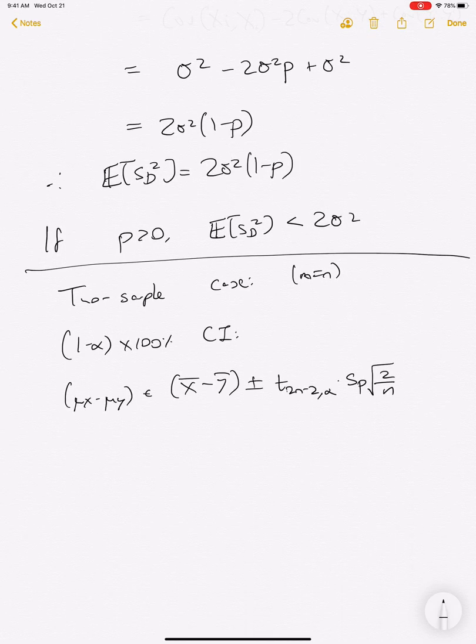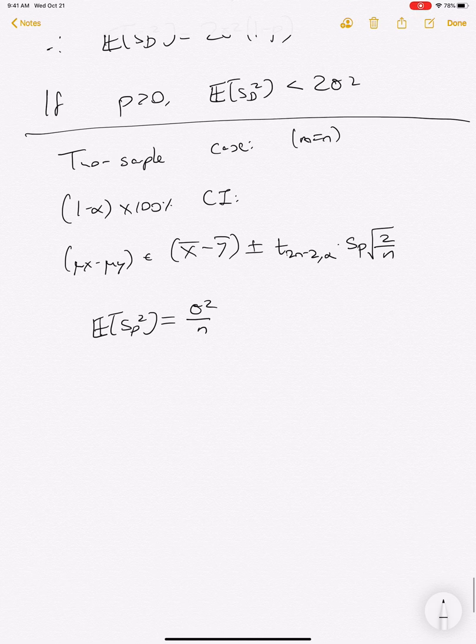So we know that the expectation of SP squared is sigma squared over n. So you can see that, therefore, if we look at here, we have E of SP squared.